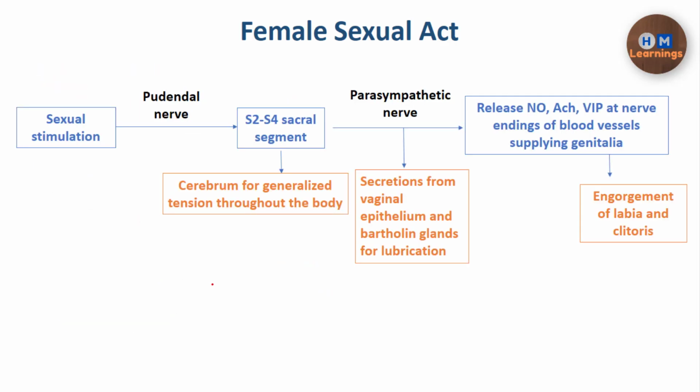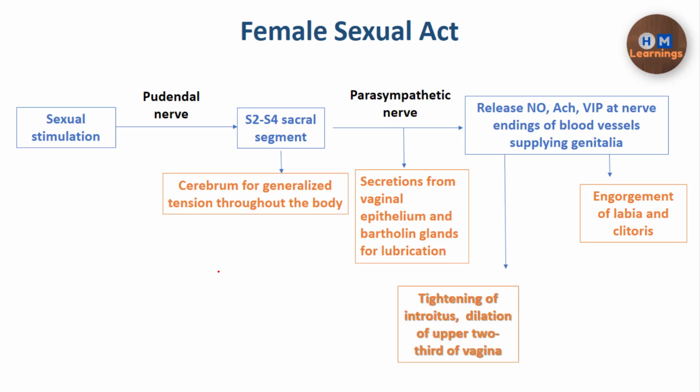The same thing is there, but because the stimulation has reached its peak now, other parasympathetic fibers are also going to be stimulated, and they are going to do the tightening of the introitus. So introitus is basically the vaginal opening. So the lumen of the vagina is going to be tightened, and this has happened because of the engorgement.